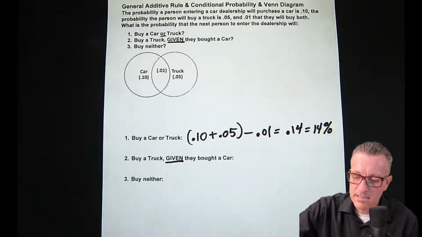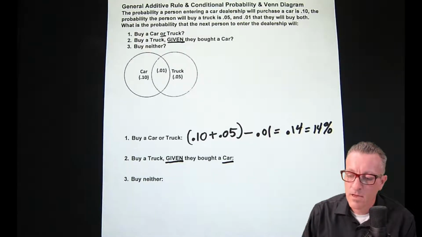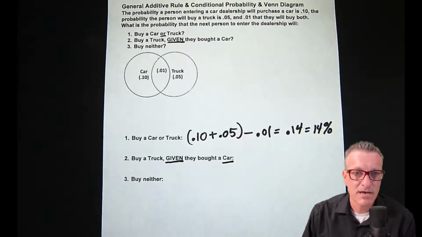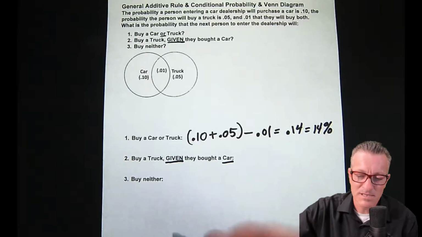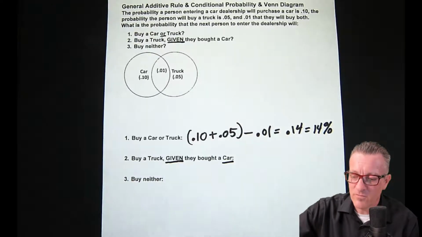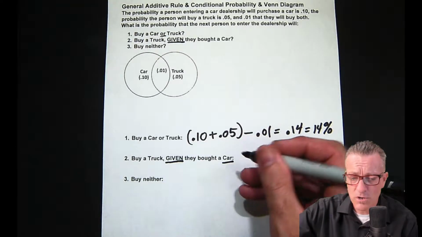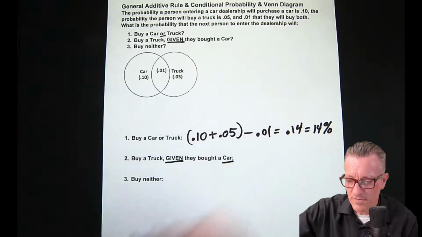In this case, it's saying that the person bought a car and then they turned right around and bought a truck. It's not that they're buying both at the same time, but they bought one before the other. Maybe it's not a perfect example with cars and trucks, but the given will still work just fine. So to do this one with the Venn diagram, I'll show you how this works.